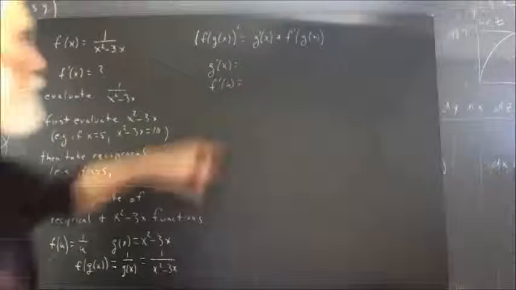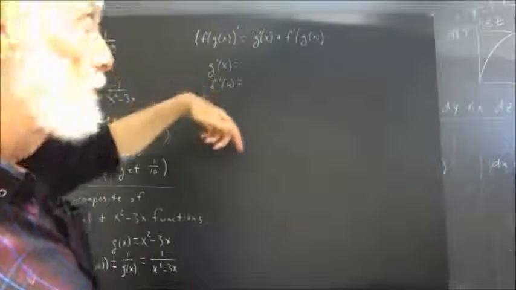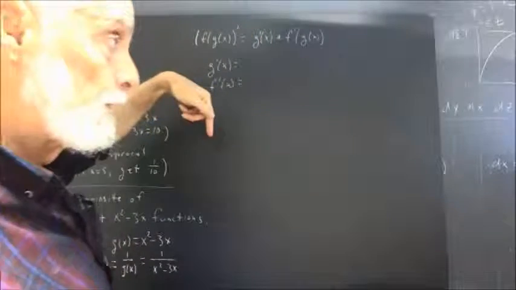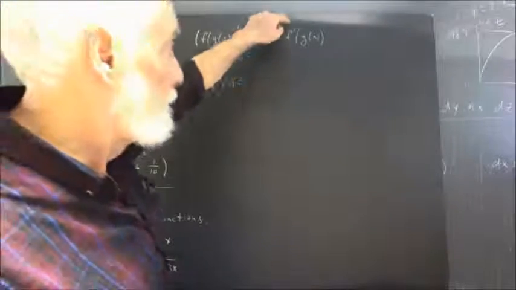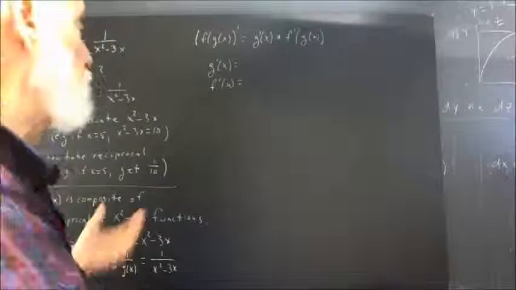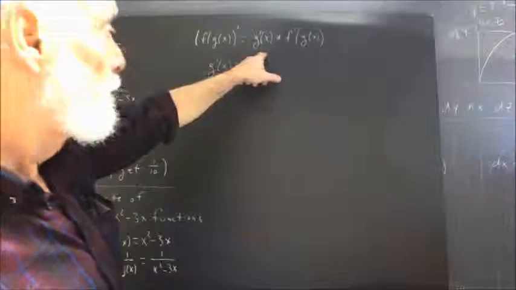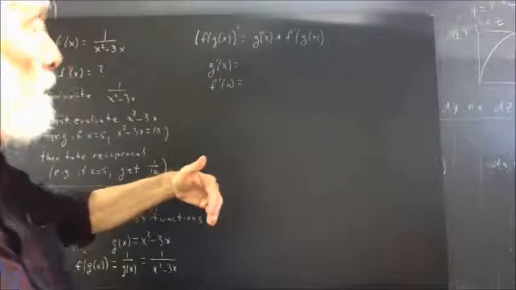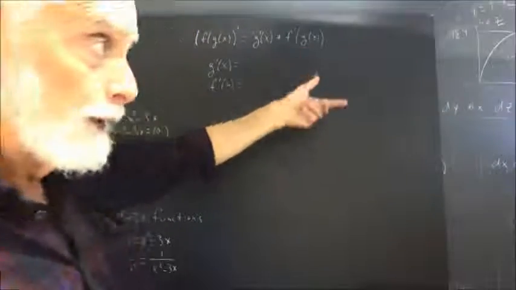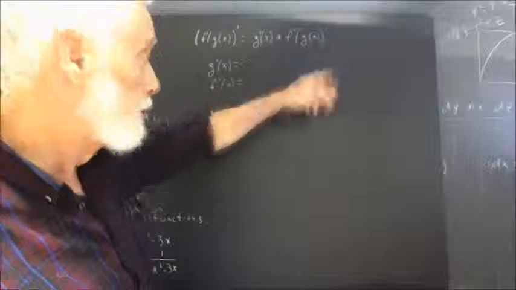Okay, we have the rule that says the derivative of f of g of x is g prime of x times the f prime function evaluated at g of x. Now the reason for this: g prime of x is how fast g changes, and f prime of some number is how fast f changes with respect to g in this case.